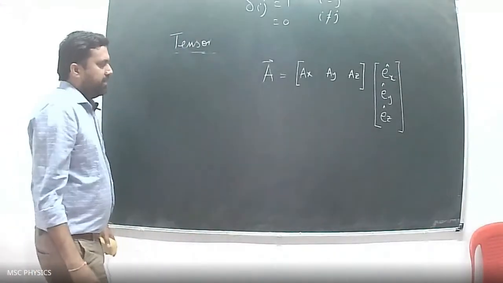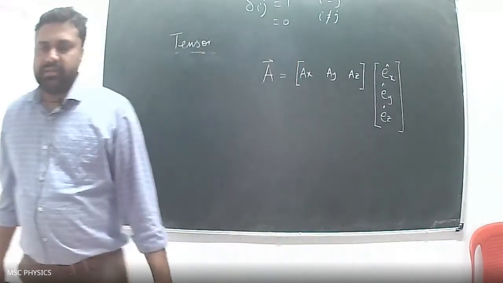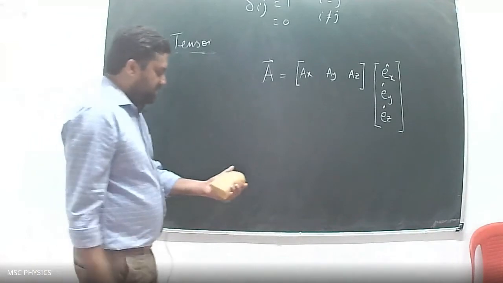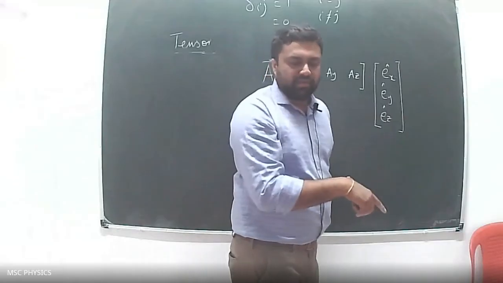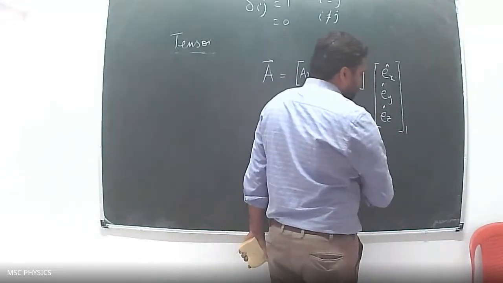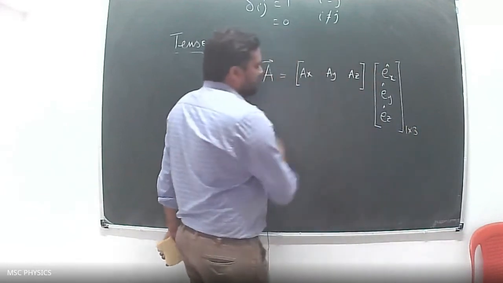Tell me, what is the dimension of this second matrix? Three by 1. How many columns are there? One column. And how many rows? 3 rows. How many columns are in the first one? 3 columns.